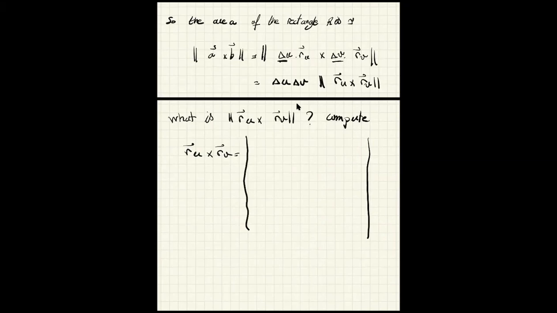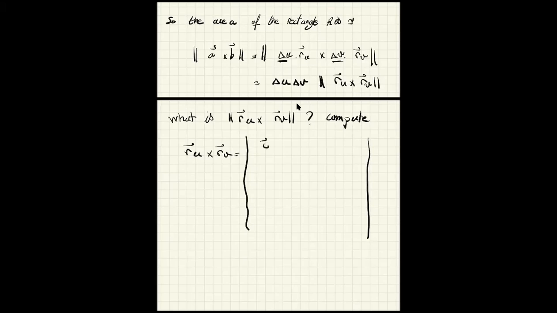Everything is expressed as a function of U and V, but remember that r_U and r_V are already evaluated at the point U0, V0. So these are actually two fixed vectors, two fixed numbers. They are already evaluated at the point U0, V0.